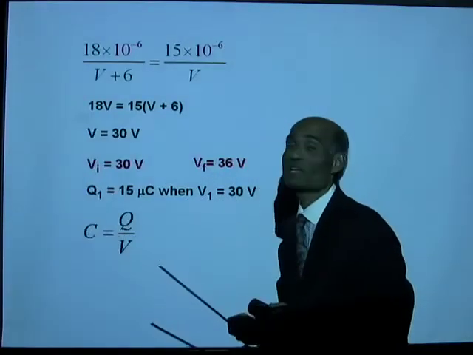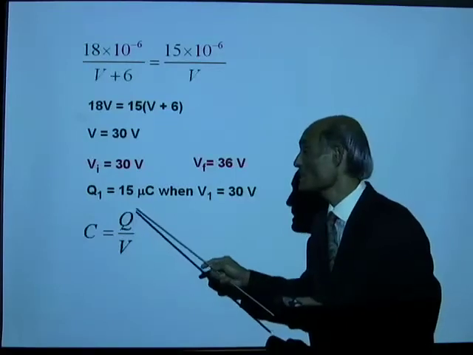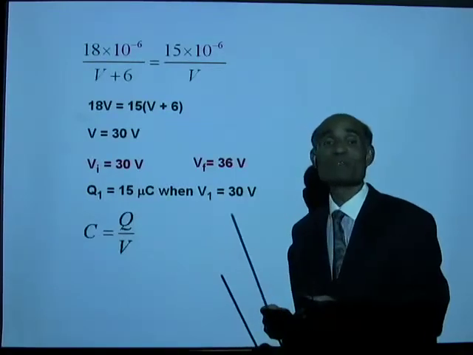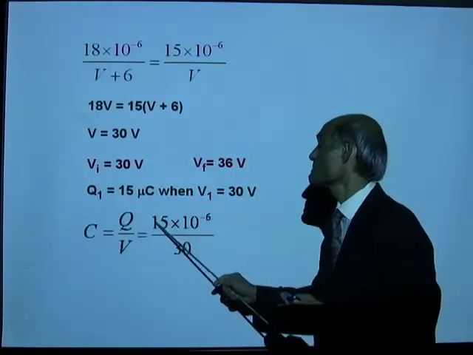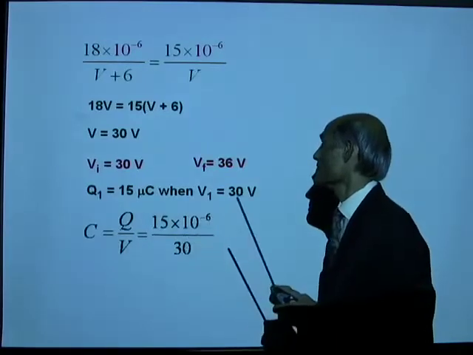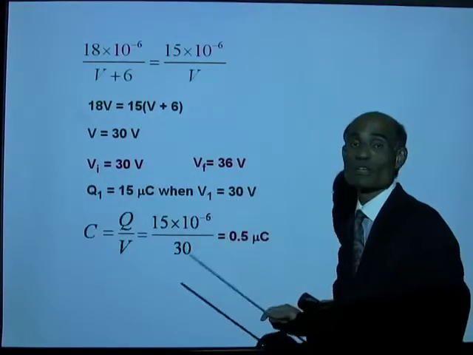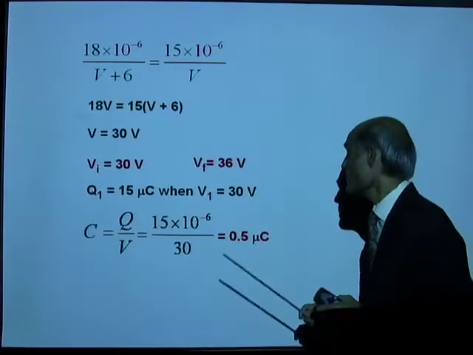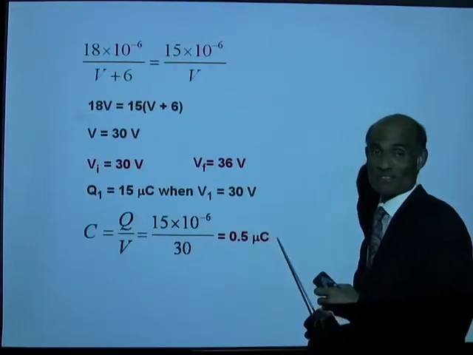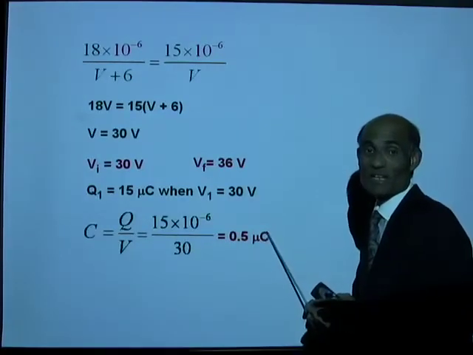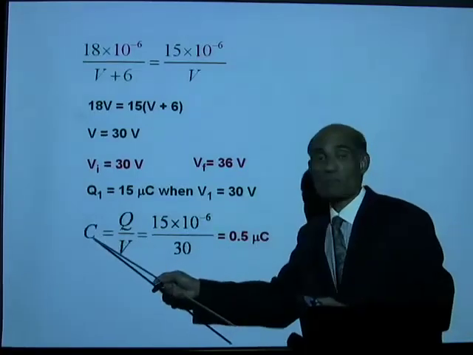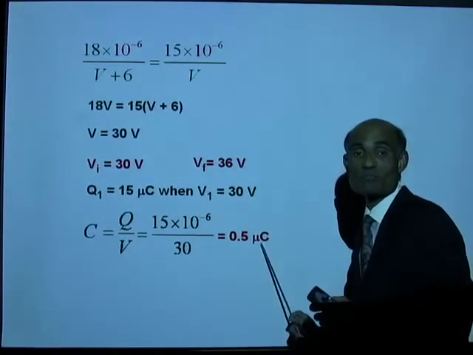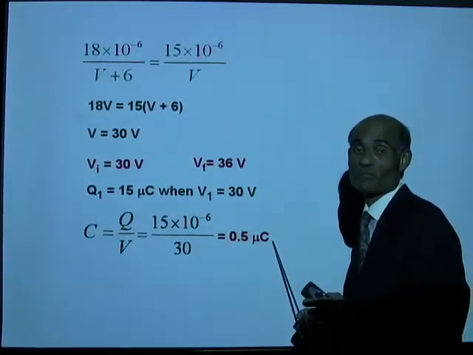Therefore C, the capacitance of that capacitor, will be Q over V. That will be 15 microcoulomb divided by 30 volts. That is 0.5 microfarad. You see? Again, that is not coulomb, this is capacitance. Therefore, this must be microfarad.